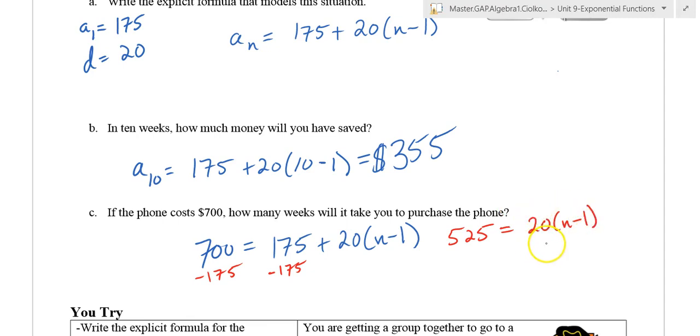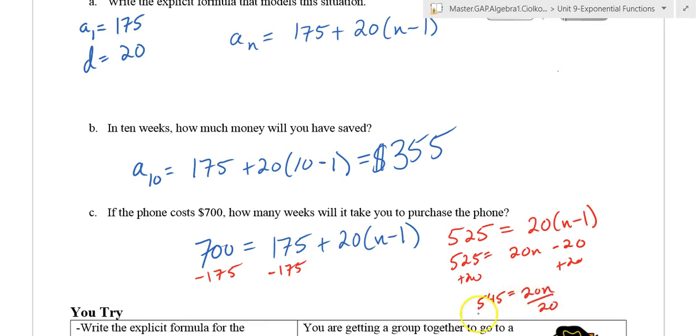20 is on the outside, so what we can do is go ahead and distribute a bit here. So I would have 525 is equal to 20n minus 20. Add our 20 to both sides. So I get 545 is equal to 20n.